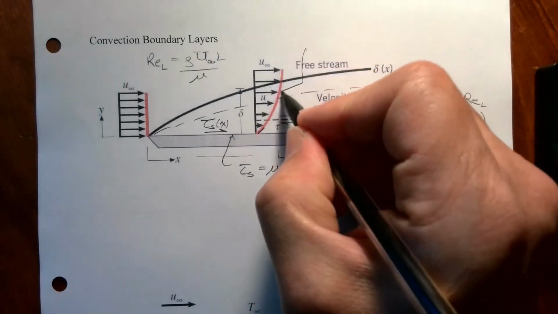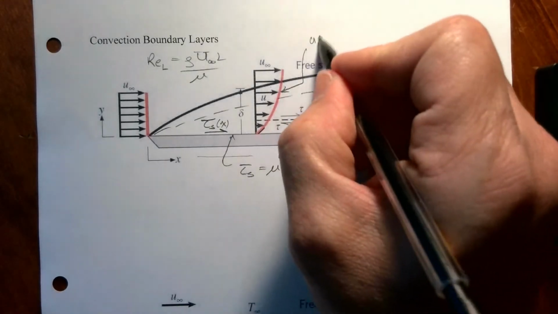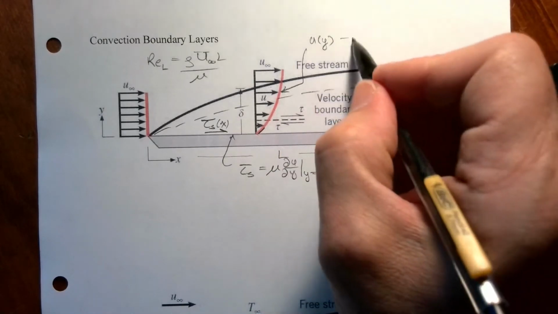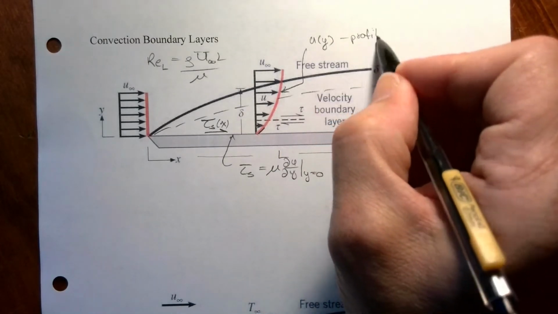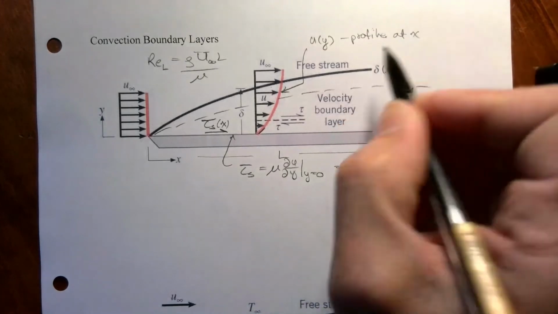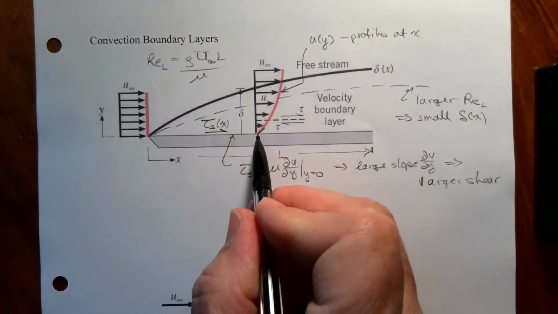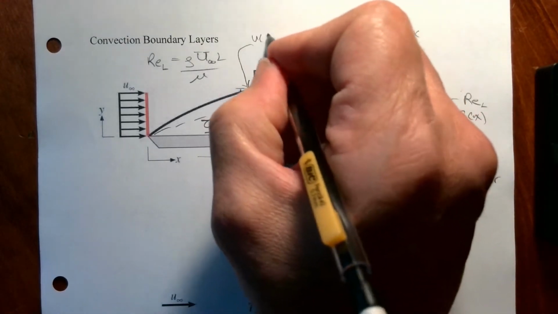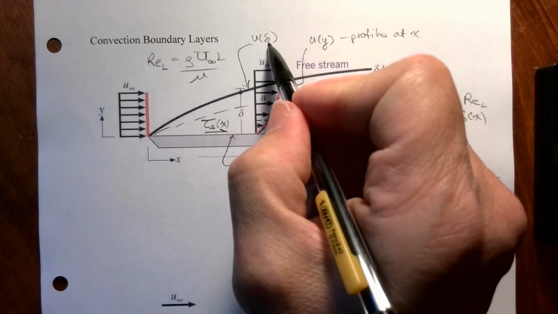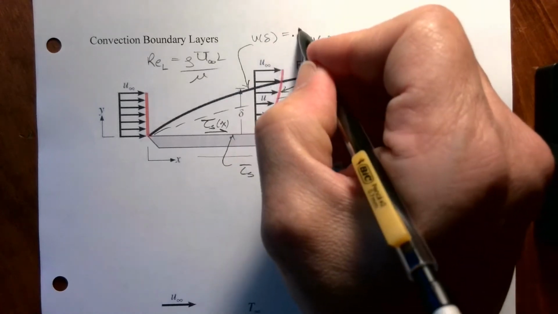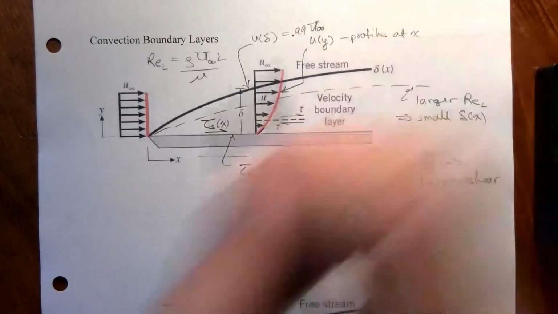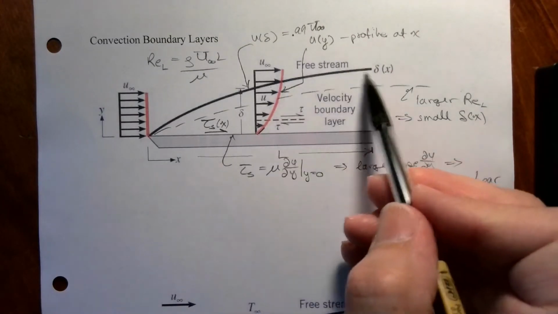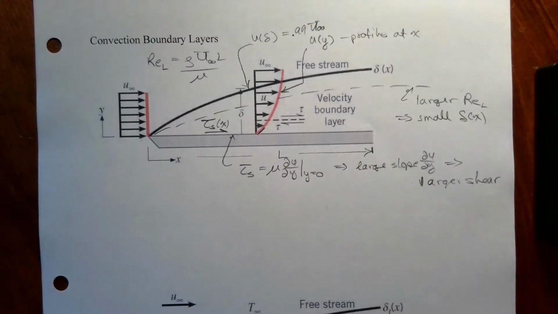So this drawing is u at a particular x distance as a function of y. Alright, so that's the profile. You have to specify at what x distance from the leading edge for that profile, and then the boundary layer is u at y equal to delta is equal to 0.99 of U ambient. So you got to pick something as the edge of the boundary layer.